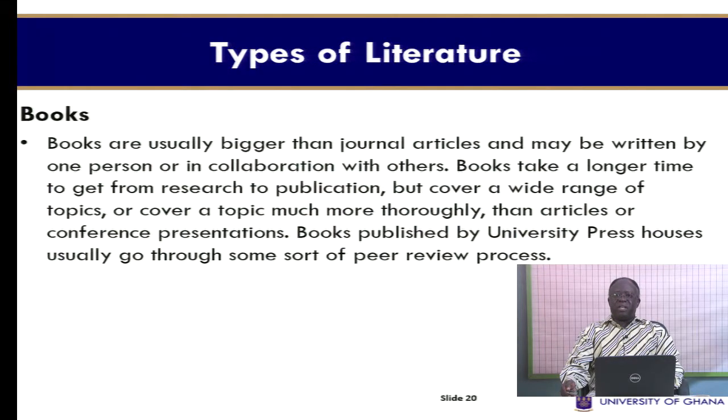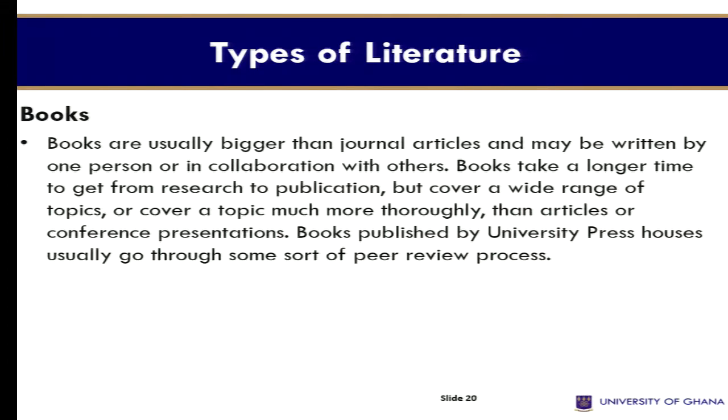Now, books. They are usually bigger than the journals we have spoken about, and they will be written by one author or many authors. Books take a longer time to get from the beginning to the end of publication. But they cover a wider range of topics than do articles and conference presentations.